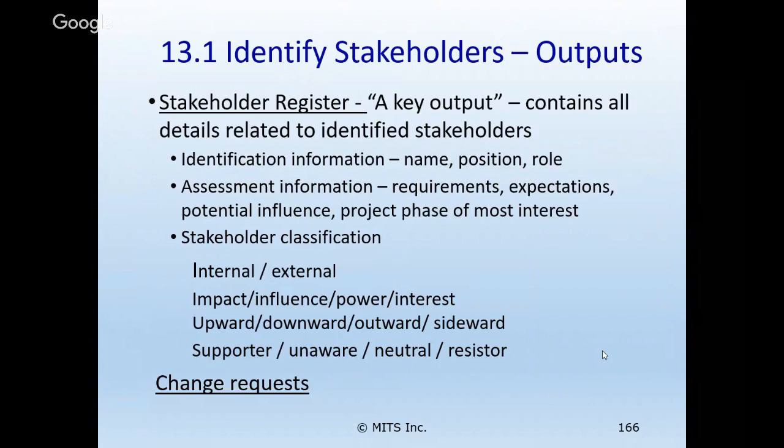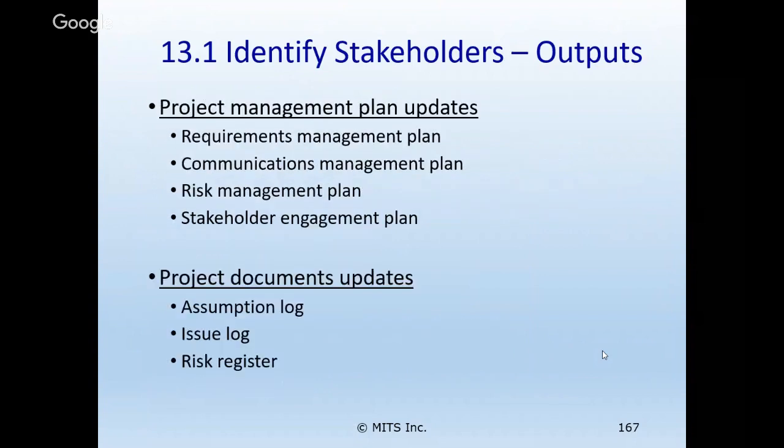And different ways to classify them: internal, external, what power, influence, or power or interest they have, those different things. And we'll probably try to set up too, or initially figuring out who's supporting us, who doesn't even know what we're doing, they're unaware of it, who's neutral, and who's resisting us. So we may have some updates.